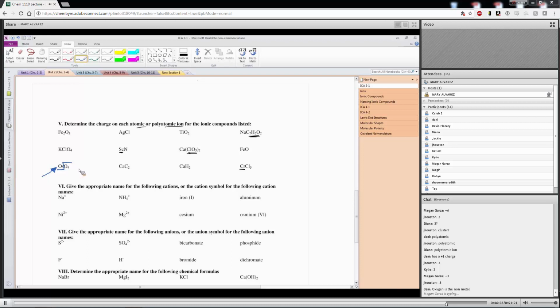Excellent. And do we know the charge on the osmium or the charge on the oxygen? Oxygen is, by definition, -2. So we know I have oxygen with a -2 charge. Okay, in that case, what's the charge on that osmium have to be in order for this to be a neutral compound?